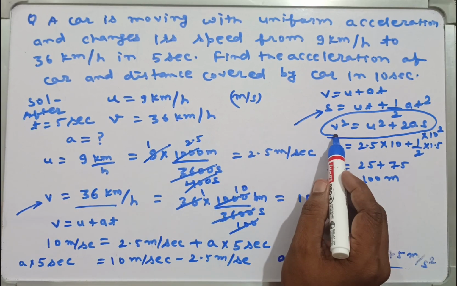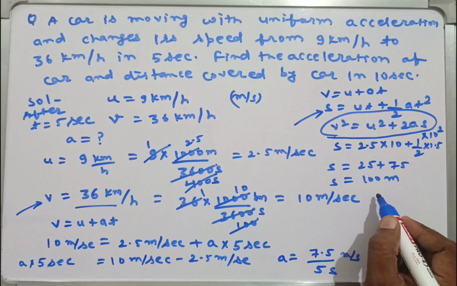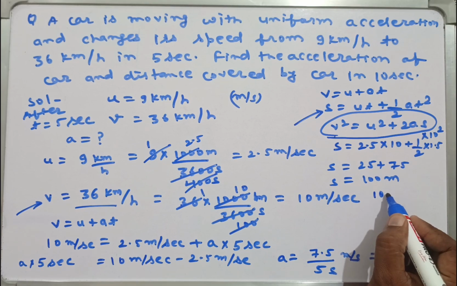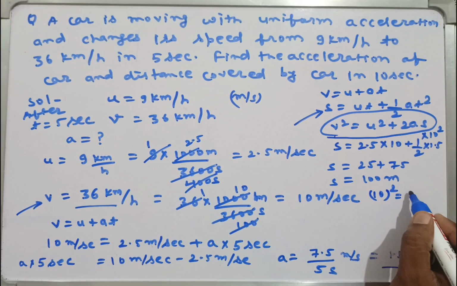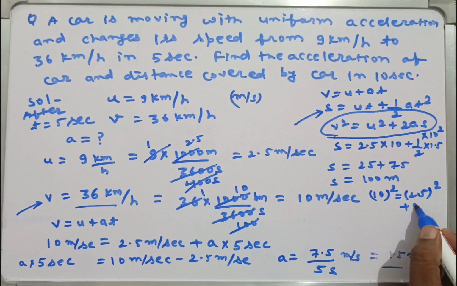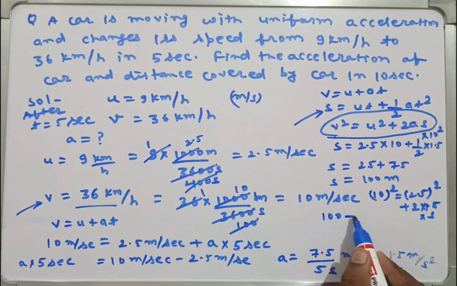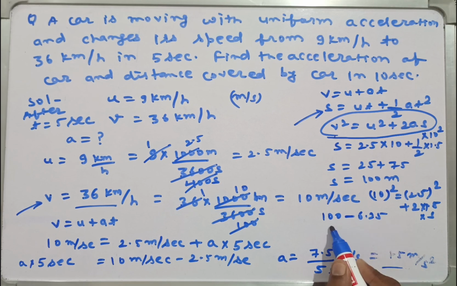v square equal to, here 10 square, then u equal to 2.5 whole square plus 2 into 1.5 into s. So what will you get? You will get 100 minus 6.25 divided by 3.